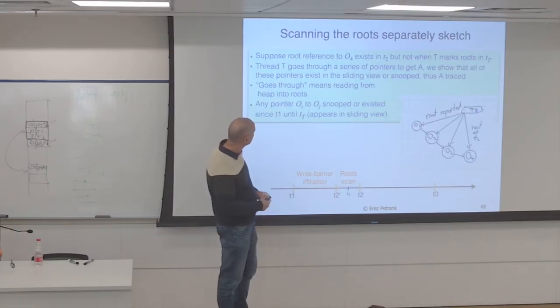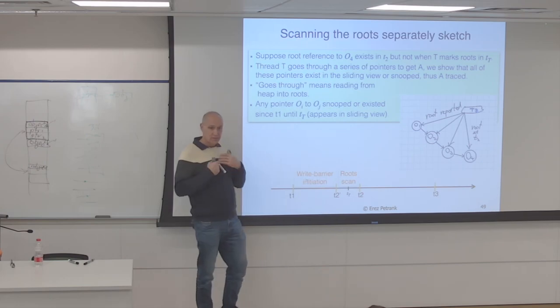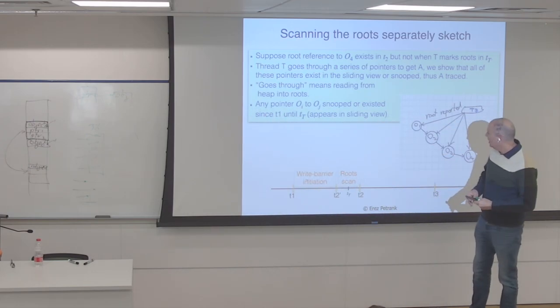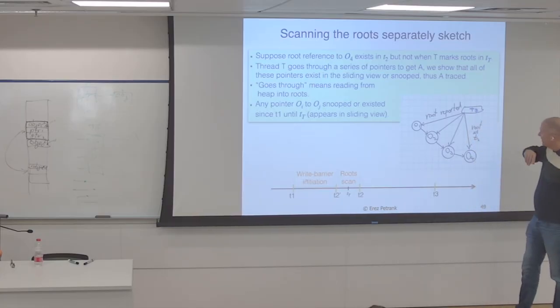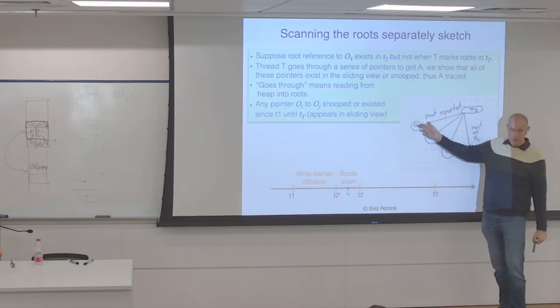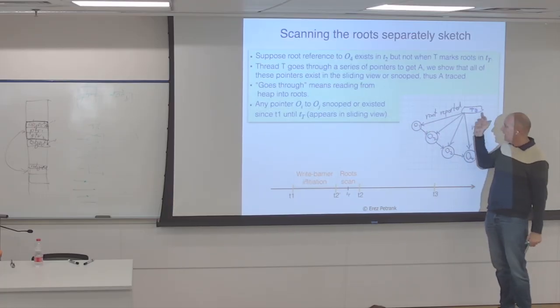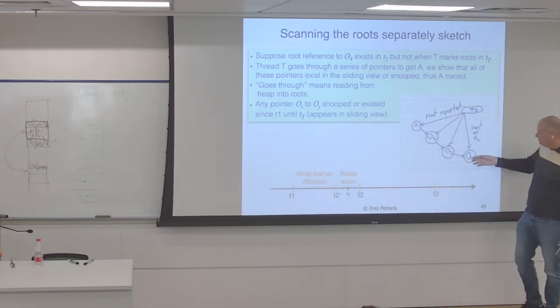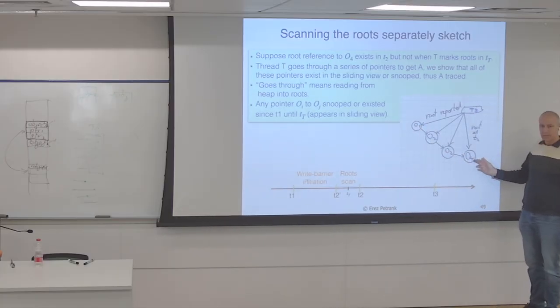Okay, so suppose something bad happens. Let's see that it cannot happen. So what could go wrong? I have some T7 and it reports the roots, it marks the roots at some time in the sliding view. And then at T2, this root is pointing to someone completely different.